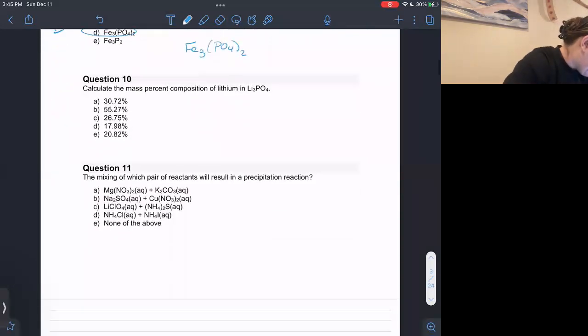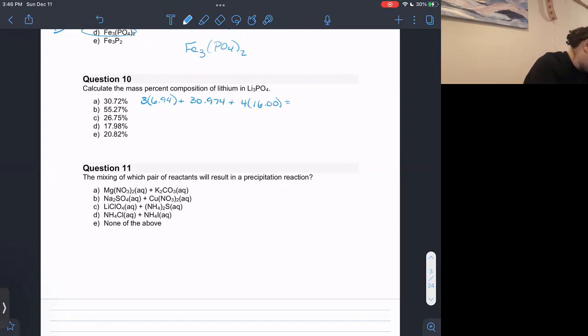Okay. Calculate the mass percent composition of lithium in Li3PO4. Okay, so I need the molar mass of lithium and then the molar mass of that whole thing. So in the molar mass, I'll have 3 lithiums, which is 6.94, plus phosphorus, which is 30.974, and then 4 oxygens at 16.